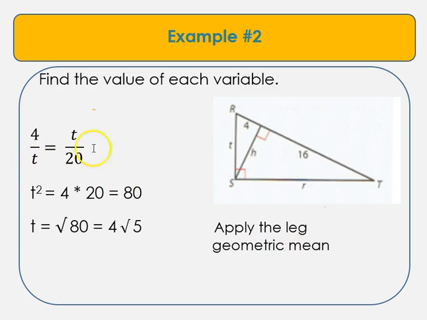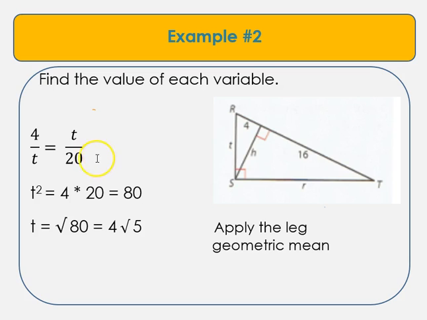And let's take a look at the pieces of our triangles. 4 is the short leg of the smaller triangle. 20 is the hypotenuse of our larger triangle. T is the hypotenuse of the smaller triangle, and then T is the short leg of the larger triangle. So what we have here is short leg to hypotenuse, short leg to hypotenuse.